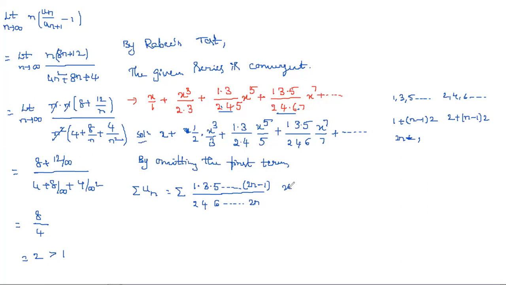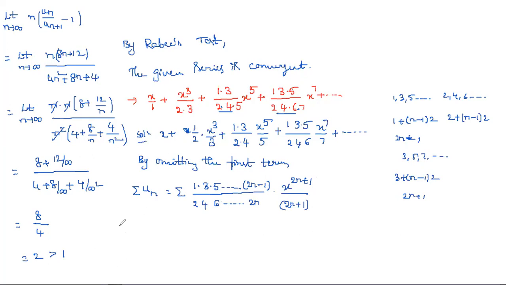Coming to x power 3, 5, 7 and so on, that is 3 plus n minus 1 into 2, that is 2n plus 1, right? So x power 2n plus 1, and the denominator is also the same, 2n plus 1. Okay, this is the un term.